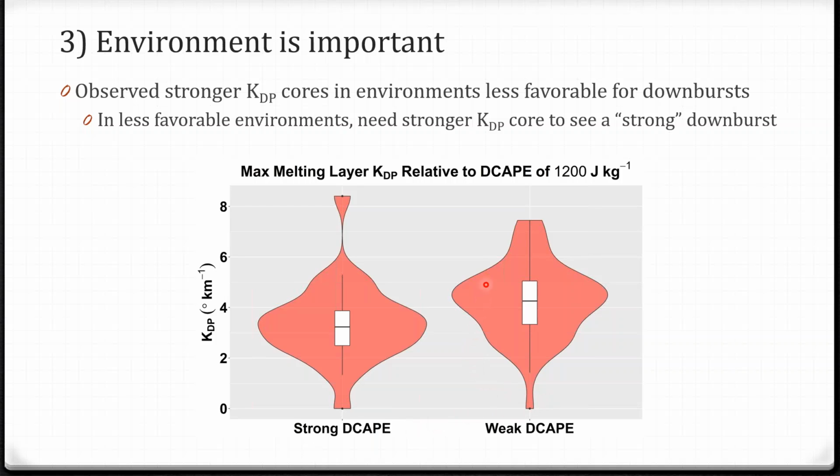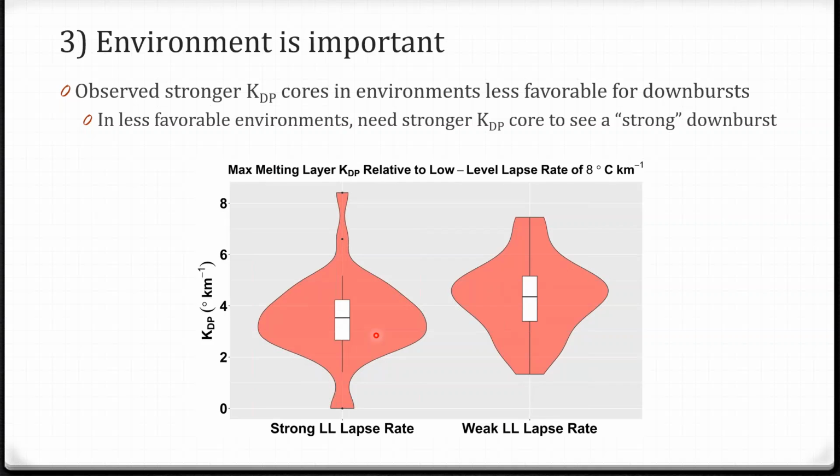You can see that if you have less than 1200 joules per kilogram of DCAPE, the KDP within the KDP core at the melting layer tended to be significantly higher than when you had greater than 1200 joules per kilogram. And same thing if we look at low-level lapse rates. If you have weaker low-level lapse rates, we found stronger KDP cores in those situations.